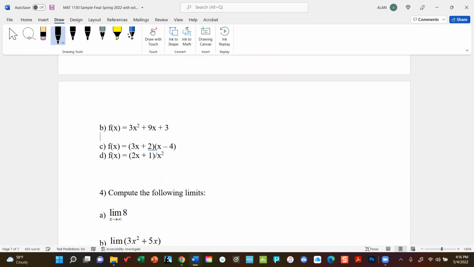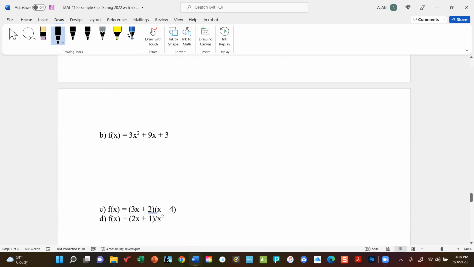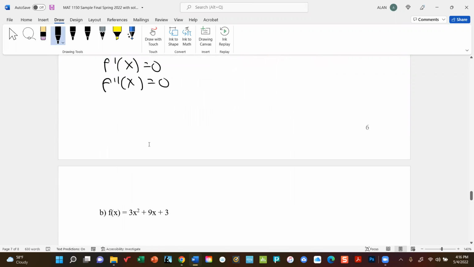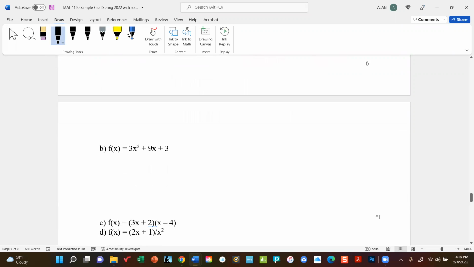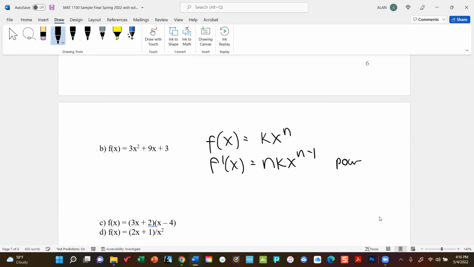Now, this one, once again, our favorite rule will be used many times here: the power function rule.